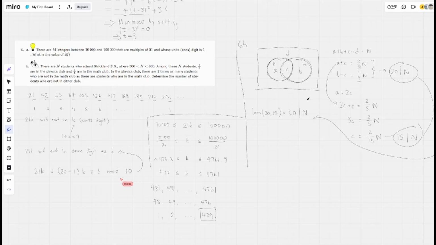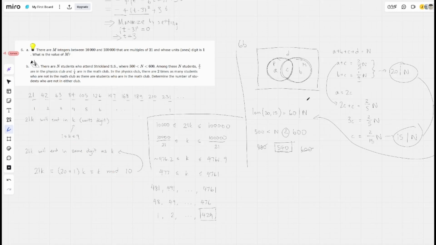Now, we are given that 500 is less than n is less than 600. Since n is a multiple of 60, in this range you have 480, which is too small, 540, which works, and 600, which is too big because this is a strict inequality rather than a non-strict inequality. Therefore, the only possible value of n is 540.